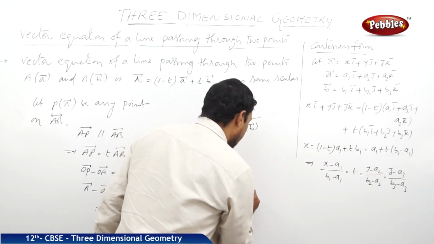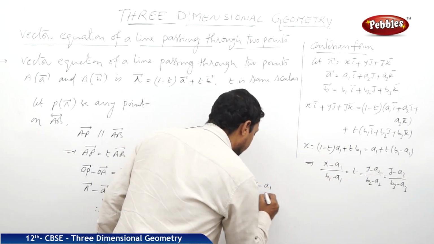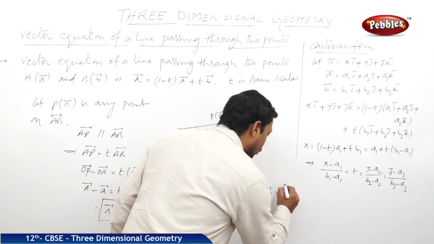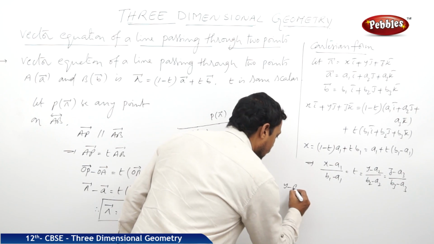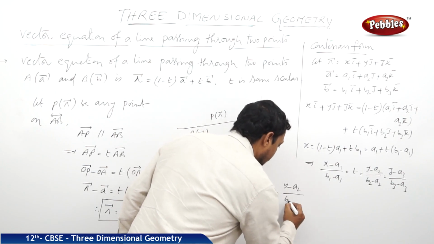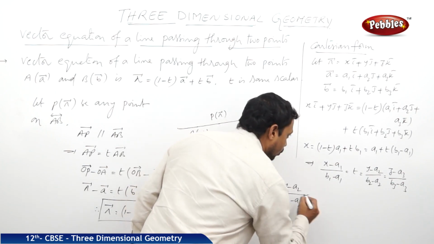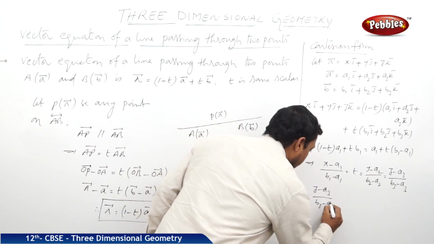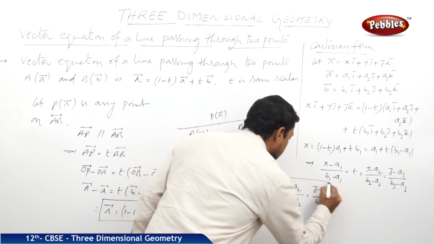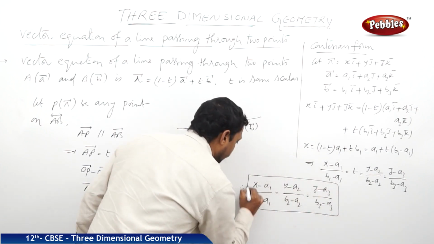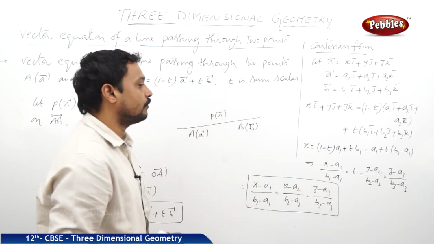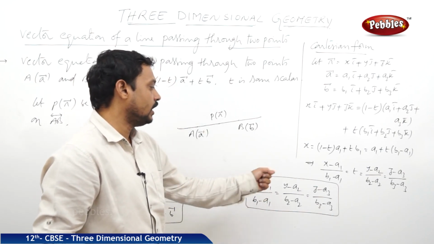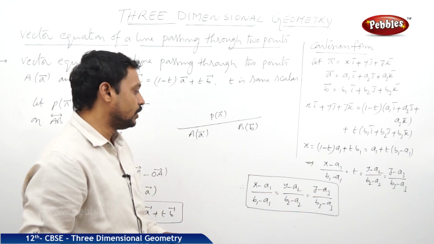Therefore, finally (x minus a1) by (b1 minus a1) is equal to (y minus a2) by (b2 minus a2) is equal to (z minus a3) by (b3 minus a3). Now this is the Cartesian equation or Cartesian form of a line that passes through two given points a1, a2, a3 and b1, b2, b3.